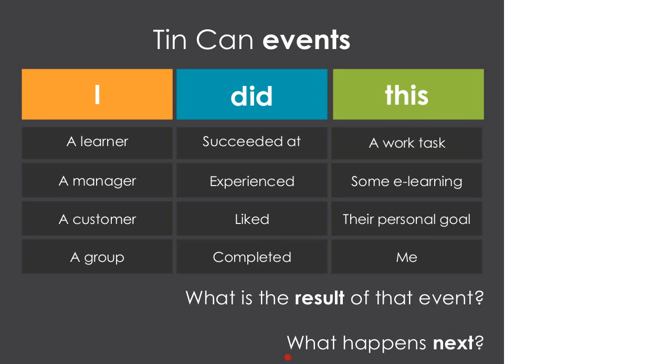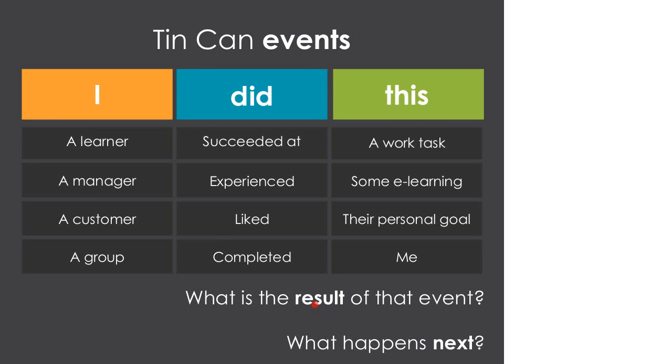So here's a slide about Tin Can events and just some example events below, and the idea is you could take something from any of these columns, match it together and make an event. And this is just a list of examples. Obviously you could have many different types of people with any verb and any activity at the other end. And that can be important for tracking and reporting.